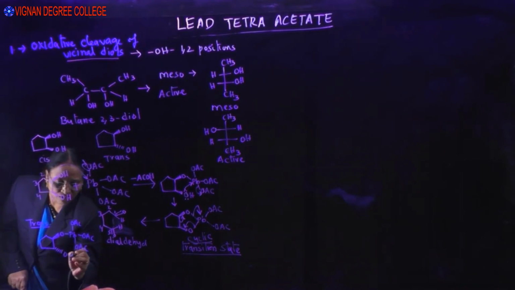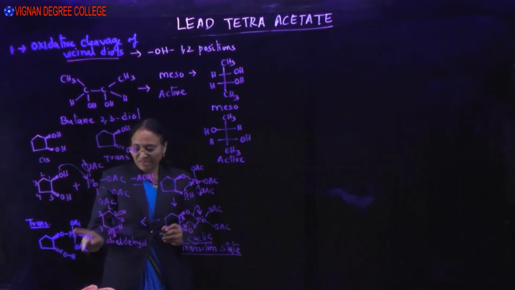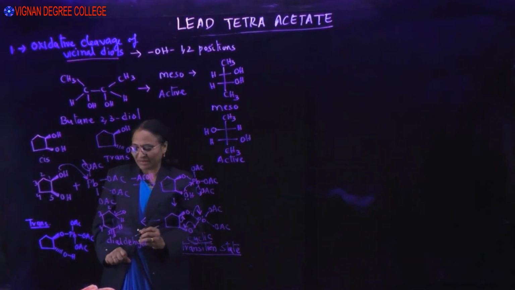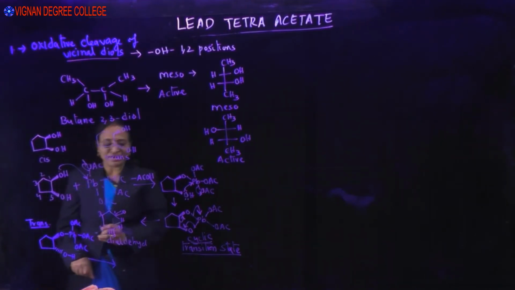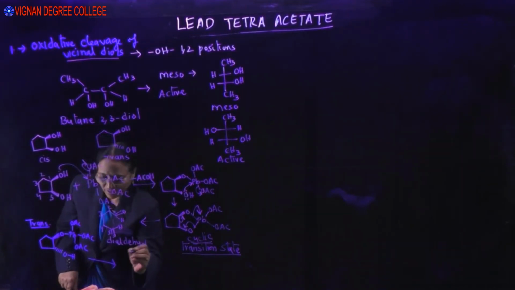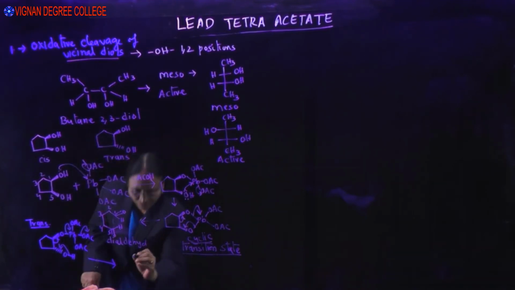First this is formed, and from this it will not result in a cyclic transition state. Rather, the reaction occurs in a stepwise manner with the elimination of this one and the acetate ion to give the same product.